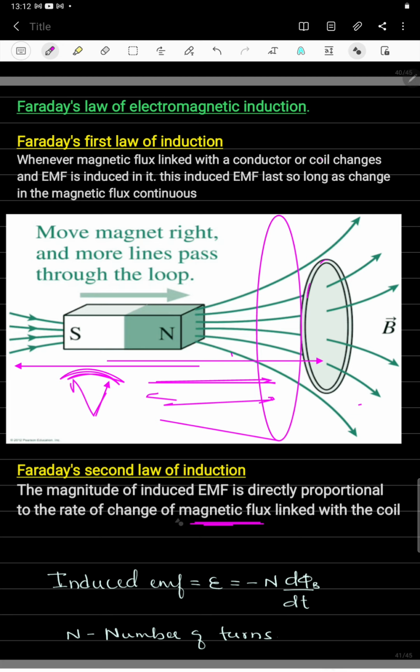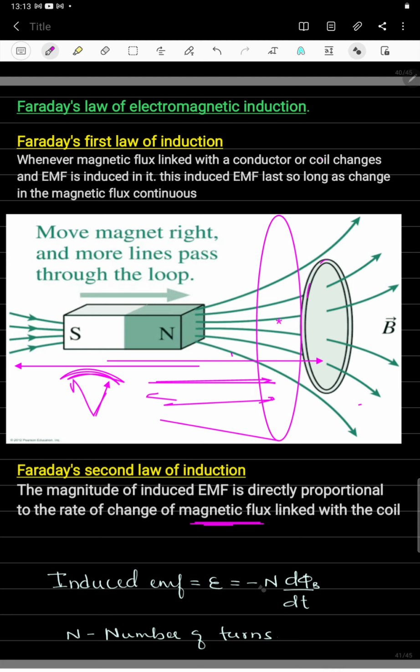This is a rate of change, which means it depends on time. If you take time t1 when it is inside, and time t2 when you take it out, it depends on t1 and t2. So this is the expression I have written here: induced EMF equals minus n into d phi by dt.